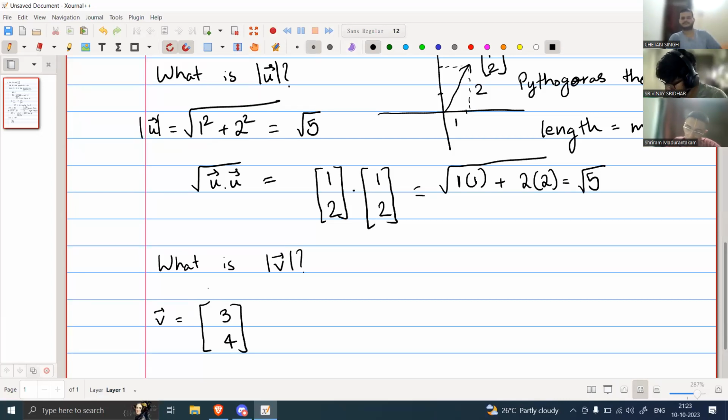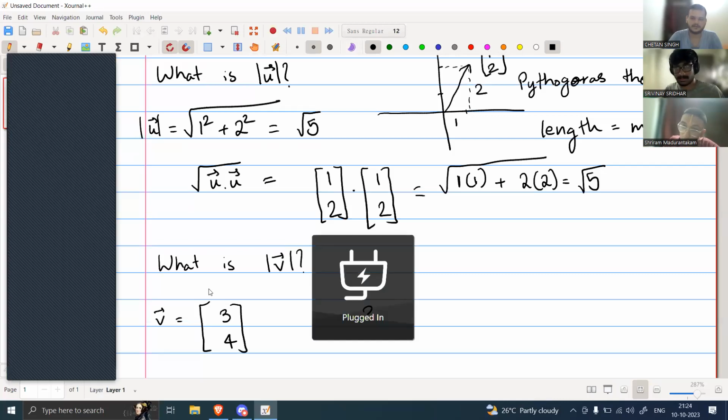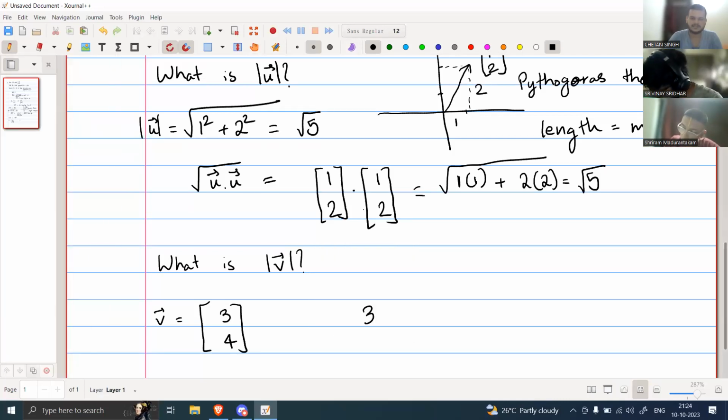So what is the norm of vector v? It's 5. Just to be clear, if anyone doesn't know the term norm, it just means the magnitude or the length of that vector.